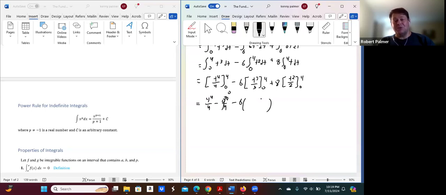So in this simplification, I have to distribute the negative. Okay, so 4 cubed over 3 minus 0 cubed over 3. Of course, that's going to be 0. And then plus 8 times, evaluate the bounds, 4 squared over 2 minus 0 squared over 2. And once again, this last one's going to be 0. It's going to make life a lot easier.